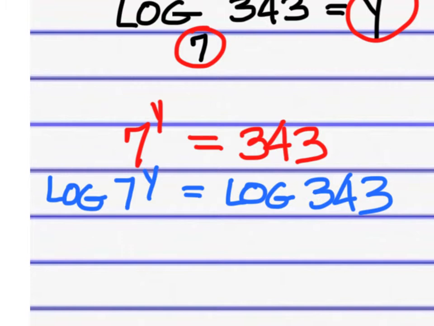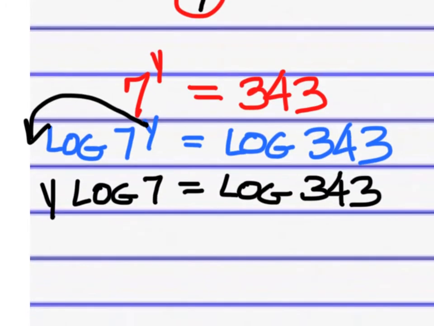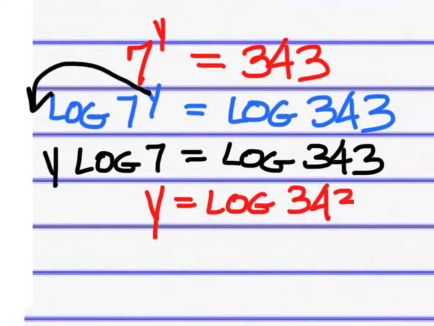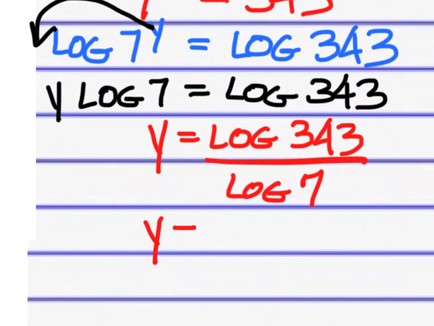By rule, I can move that y down to the left of that log and come up with y log 7 equals log 343. And then divide the right side by log 7. Alright, so log 343 divided by log 7 is 3.